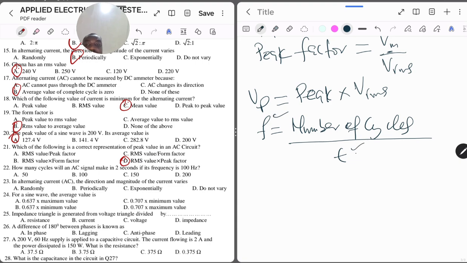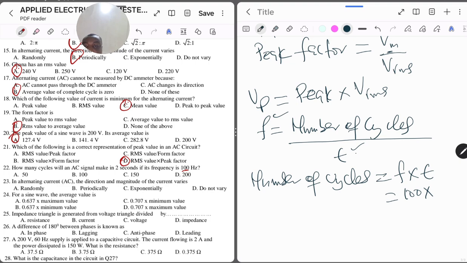So let's make number of cycles the subject. It's just frequency times time. The frequency is 100 and the time is 2 seconds, so we get 200 cycles. So the answer here is 200.